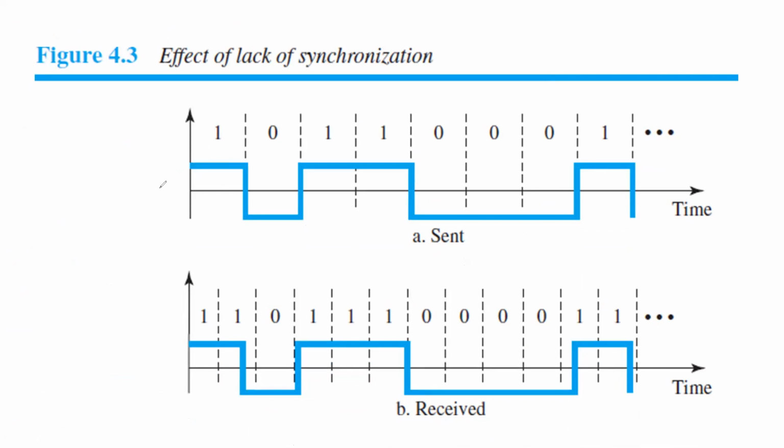So this is the sender side, and this is the receiver side. On the sender side, it sends a 1 at a particular period of time. But on the receiver side, it receives two different signals, 1 and 1. So there is a difference between the digital signal sent from the sender and what the receiver side received. These two do not match, so a mismatch occurs.